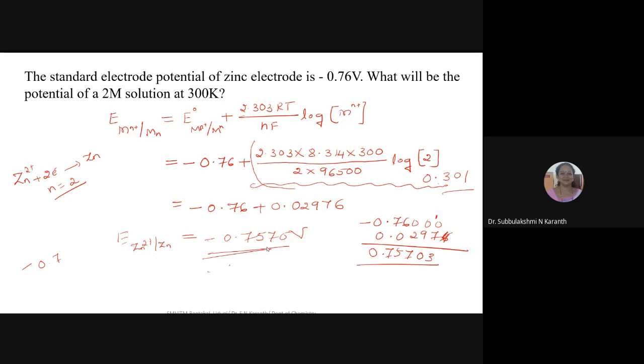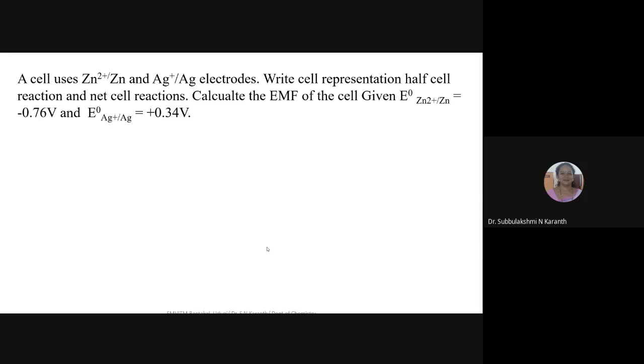Now I'll take cell potential. How do we solve problems related to cell potential? Here a cell uses Zn2+ | Zn and Ag+ | Ag electrodes.